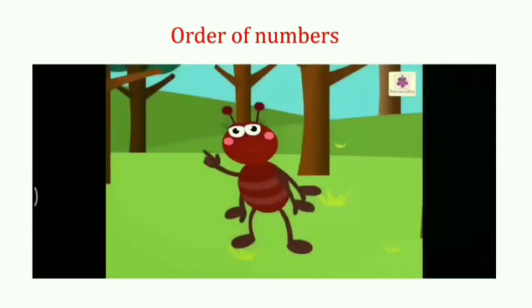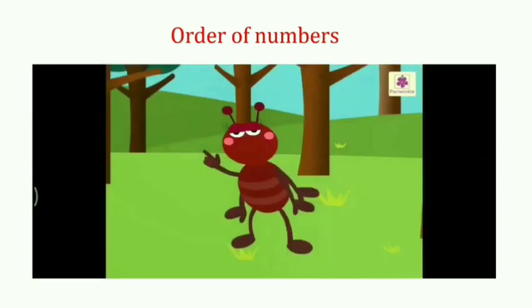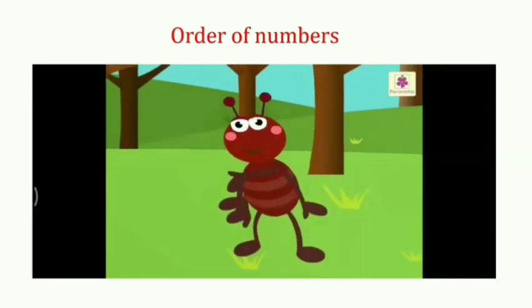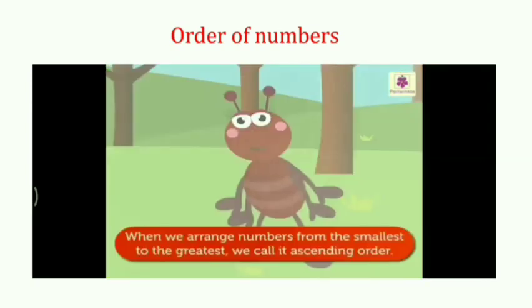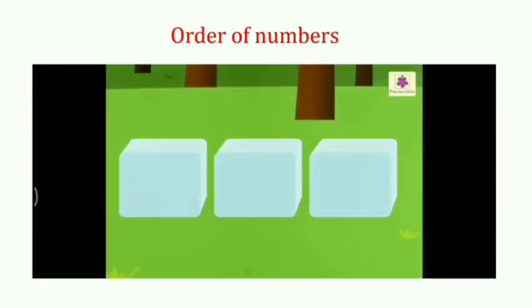Today, let's learn about the ascending order with Tob the ant. What do you mean by ascending order? When we arrange numbers from the smallest to the greatest, we call it ascending order. Look at the sugar cubes.